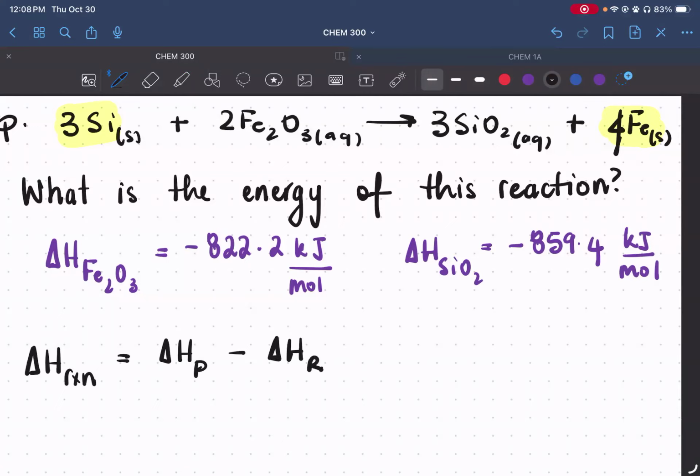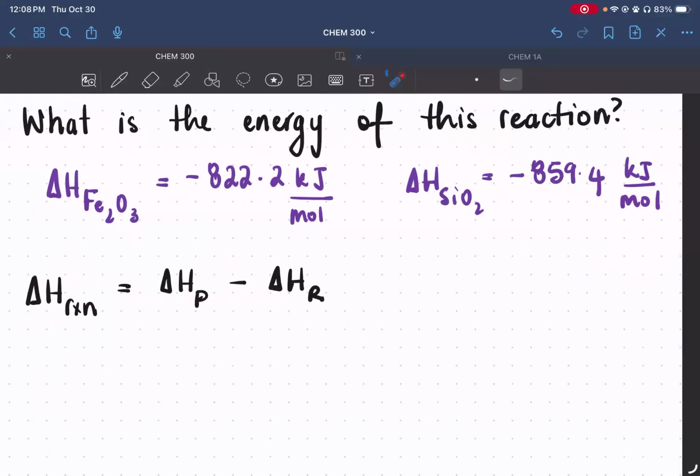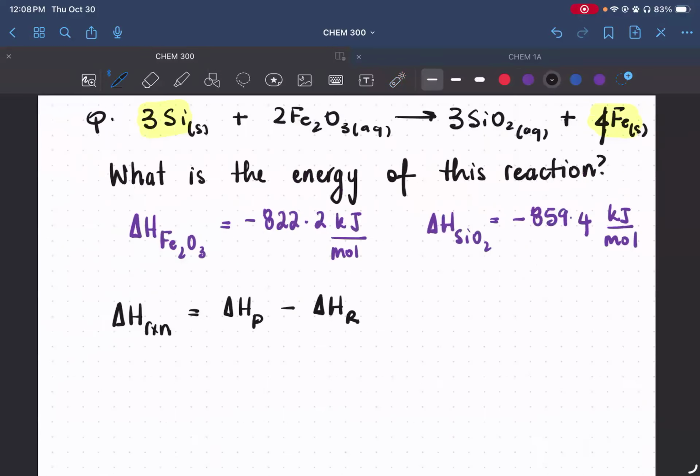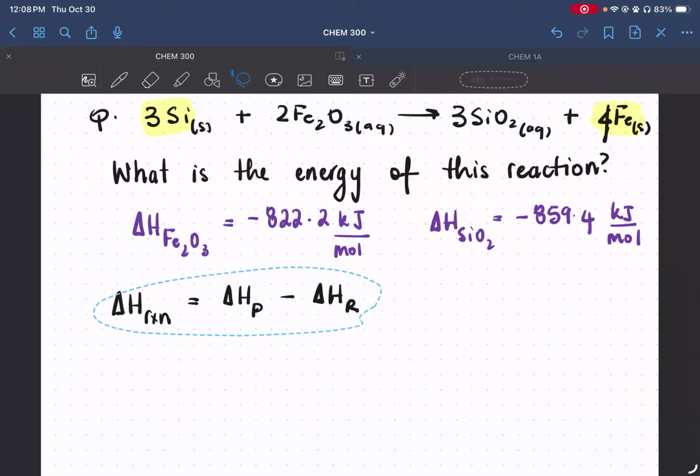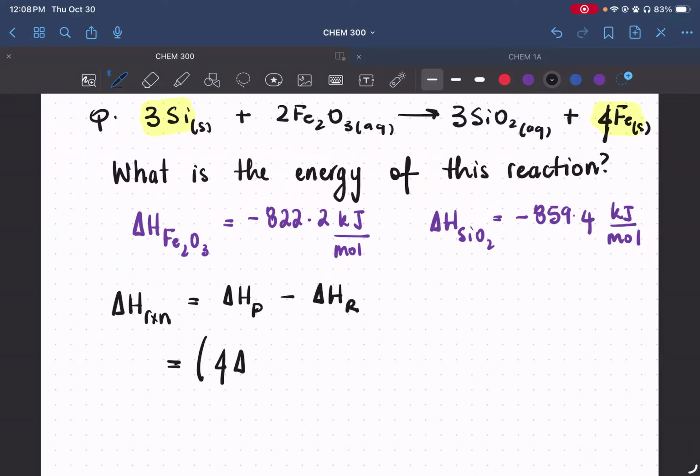We've been doing this a couple weeks now. Remember that these subscripts are labels. I've written P for products, R for reactants. And we're going to plug this in. We're going to write out the equation in full first. What are our products? Well, on the right-hand side, we have 4 irons and 3 silicon dioxides.